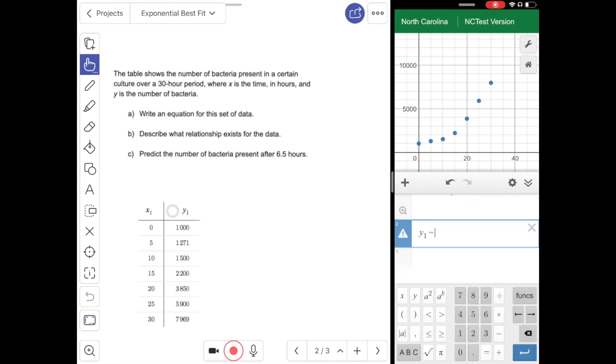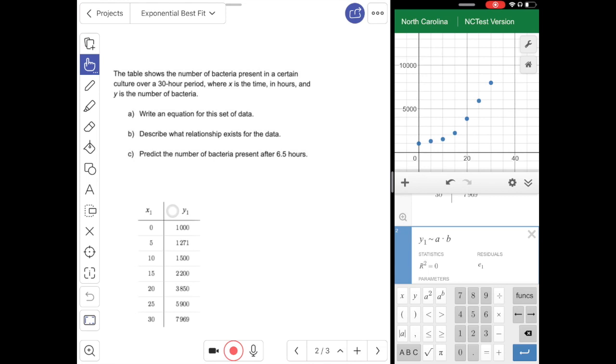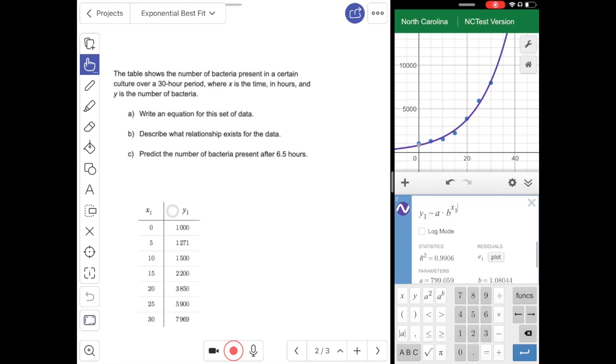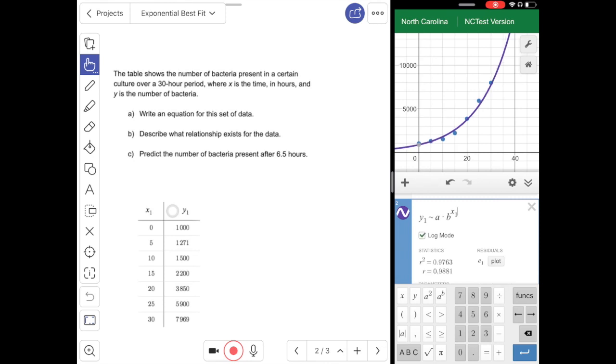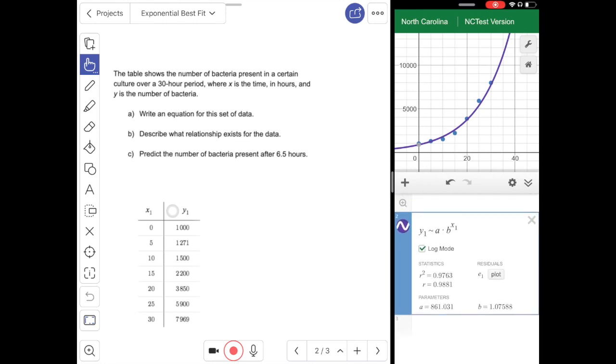And we're going to do A times B, and we're going to raise that to the exponent x1. Now, it's going to give you information when you put this in, but in order to be accurate information, especially that correlates to your exam, you're going to click log mode, and that's going to change your values for you. It's going to change them slightly, but it still can make a big difference when you're making predictions.